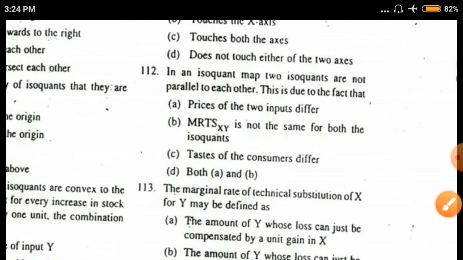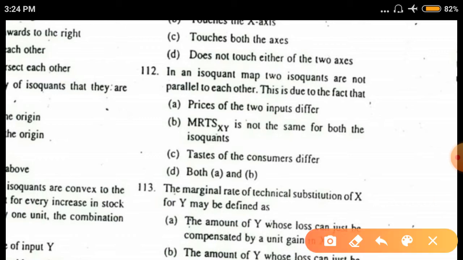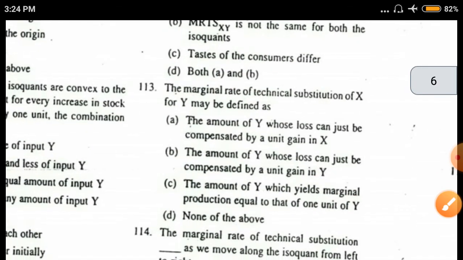Question number 112. In an isoquant map, two isoquants are not parallel to each other. This is due to the fact that MRTS XY is not the same for both the isoquants. Question number 113.